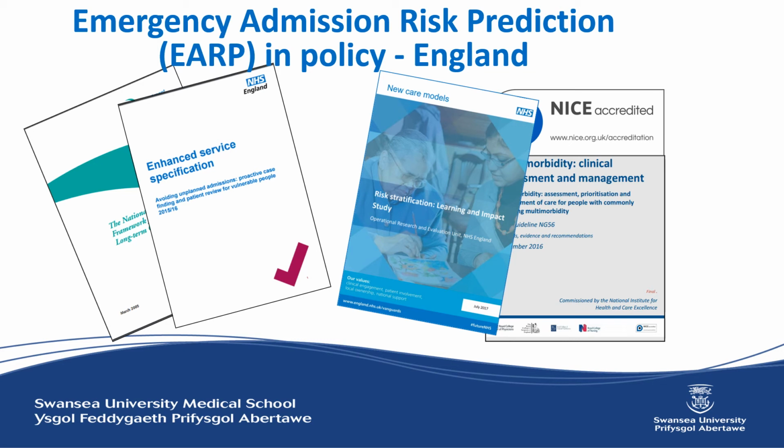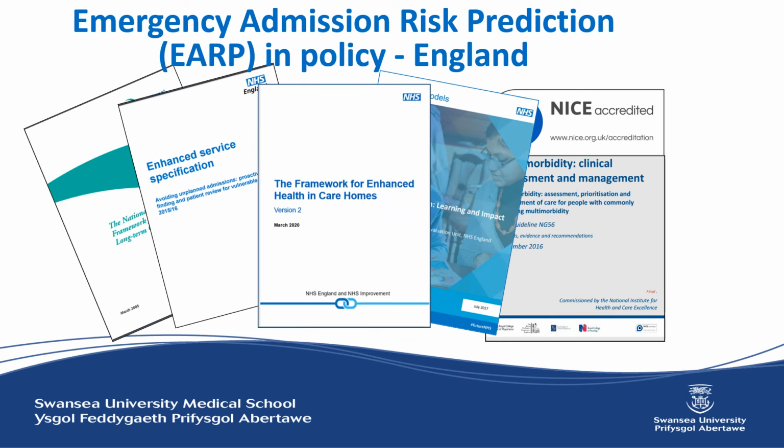The evaluation attached to that didn't find massive benefits either. And then finally, this is very recent, March 2020, the framework for enhanced health in care homes, where primary care is contracted to deliver additional services to care homes, and mentioned within that document is the use of risk stratification. So it's embedded in policy.